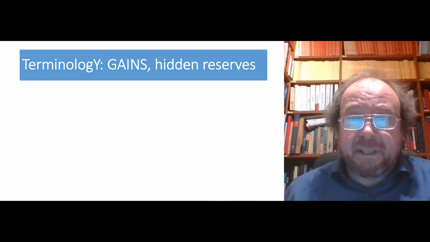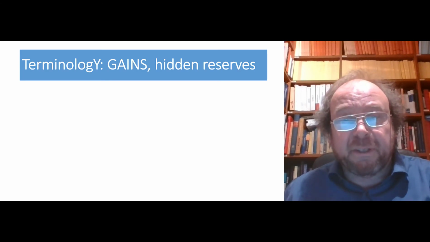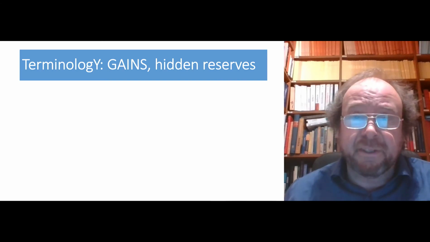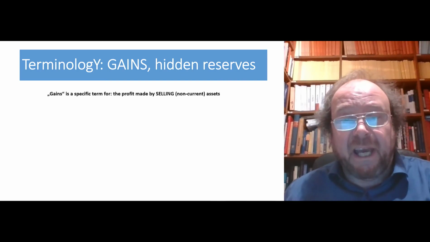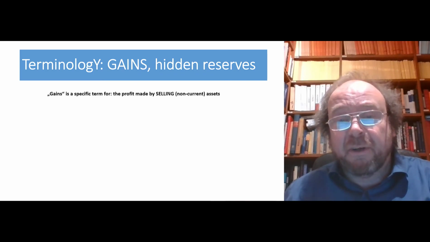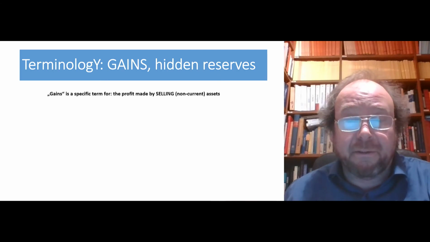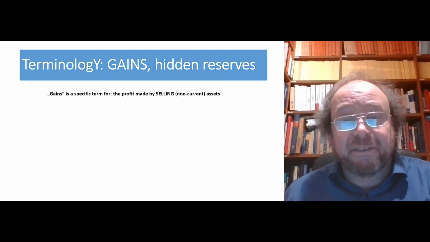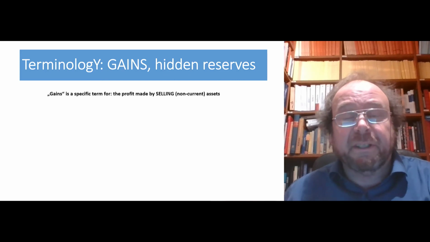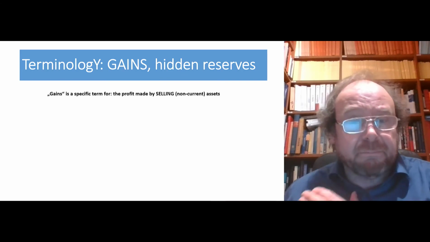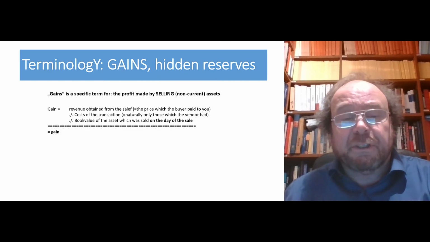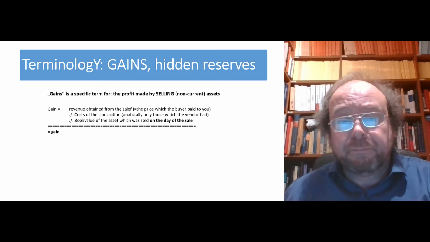A last aspect, very often I also found out that people do not know how to use the terms gains and hidden reserves. So just to illustrate that, gains is a special term for profit made by selling assets, especially non-current assets. So fixed assets, things which you bought for your own firm. Let's say a factory building, a piece of land where you produce on, not your trading stock, but property which you used for own purposes.